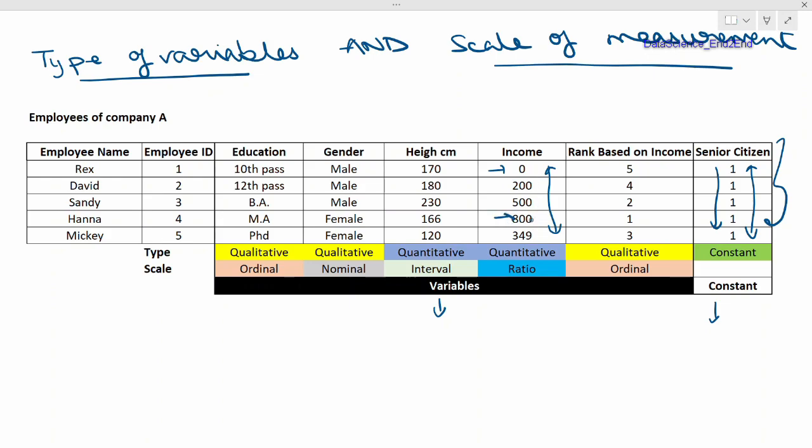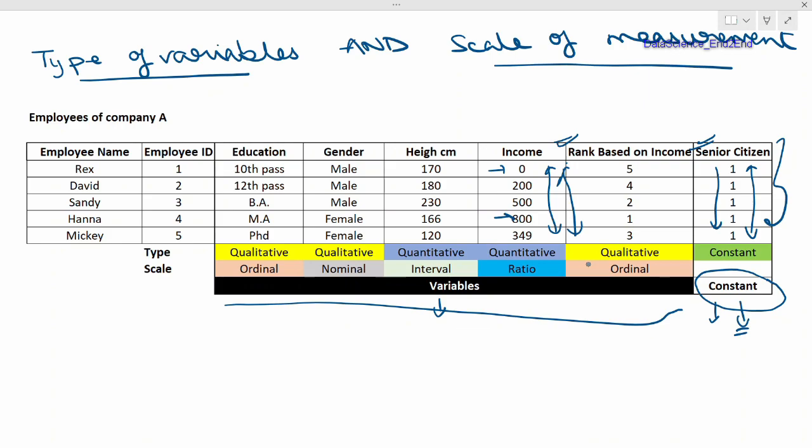So there are different values in this column, while in the senior citizen column all the values are the same. These kinds of columns are called constants because we have one single constant value, while variables are those columns where we see some kind of variation. That's why I have highlighted all these variables and this one as a constant.